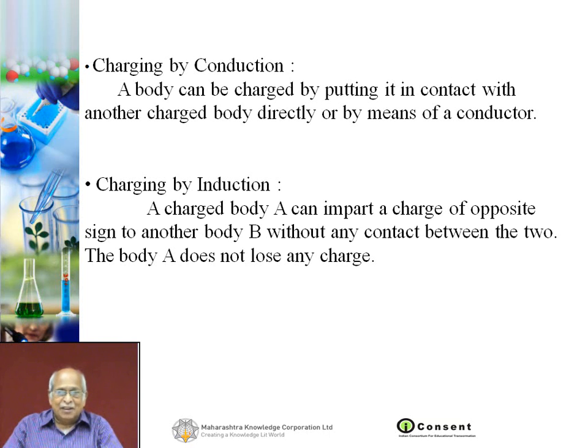Now if this metal sphere is touched to another metal sphere by means of a wire, by means of a conductor, obviously conductor is something through which charge can easily flow. So charge on the first sphere will be transferred to the other metal sphere, and in this way the other metal sphere will become charged.